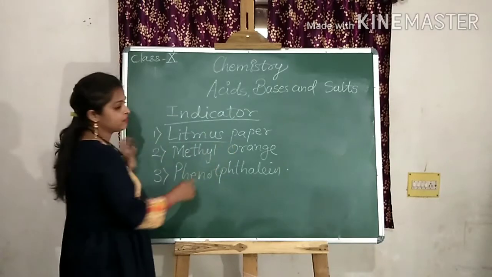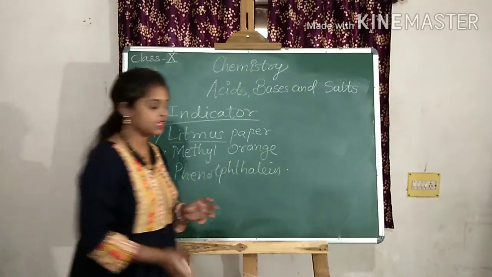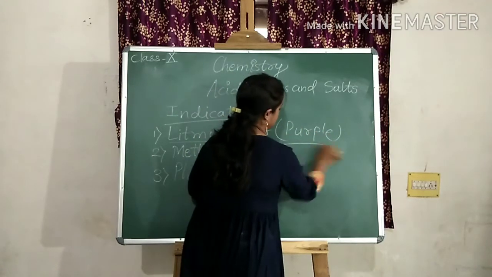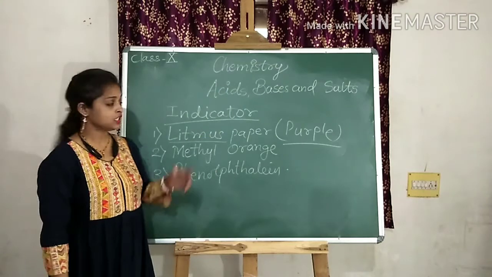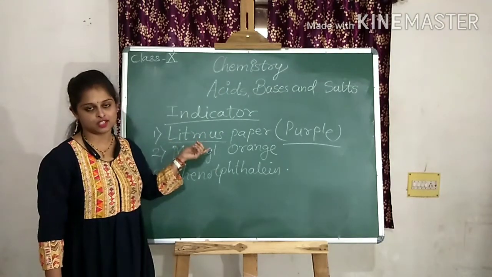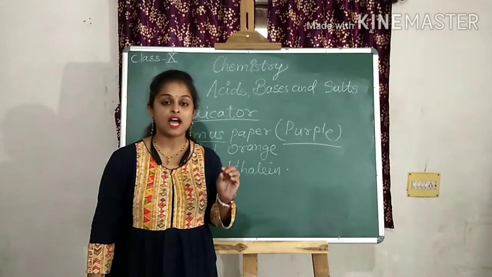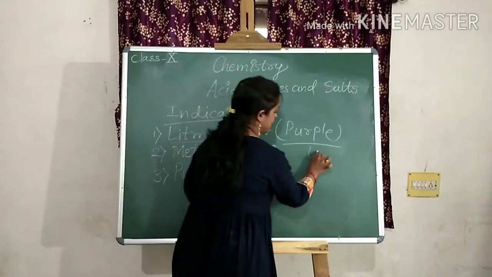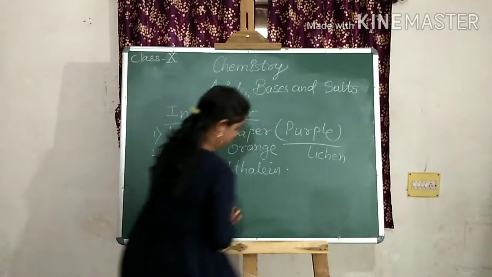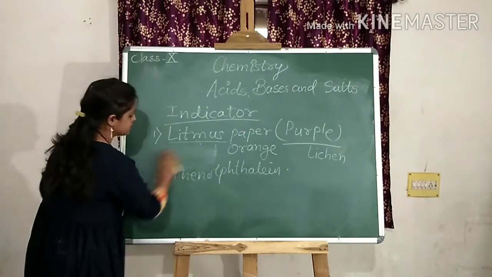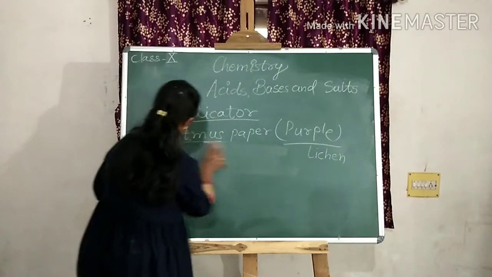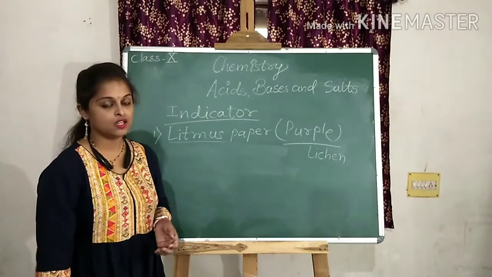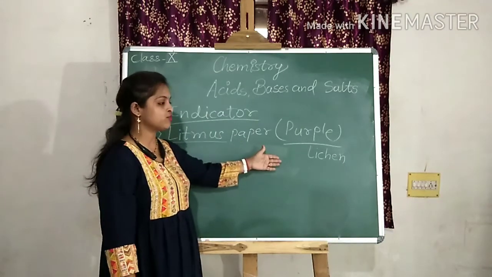Litmus has its original color, purple. It is a natural indicator, extracted from the plant lichen, which belongs to the family Thallophyta.